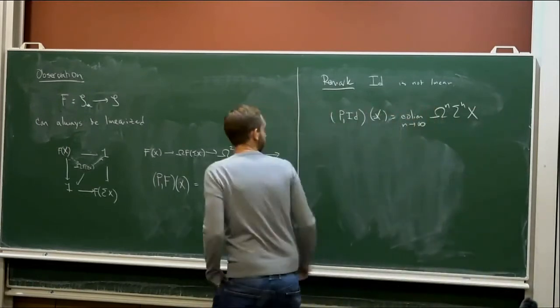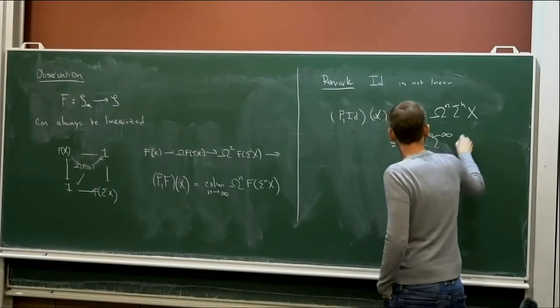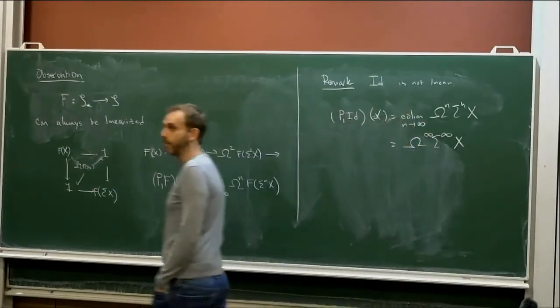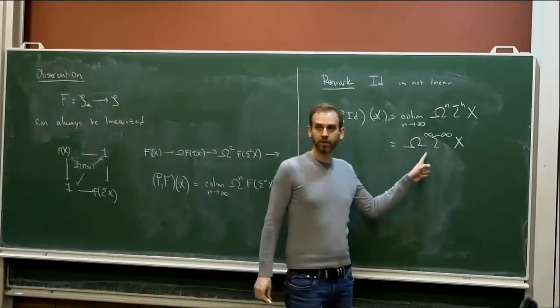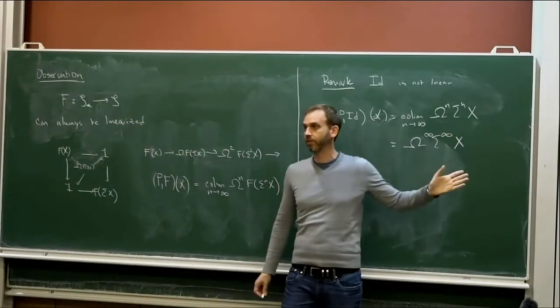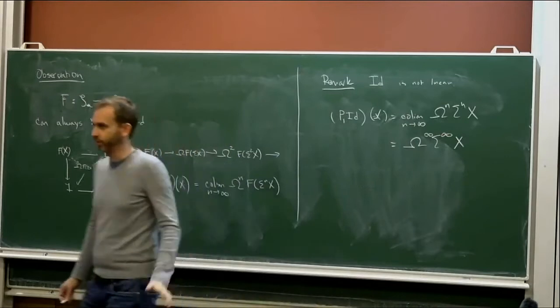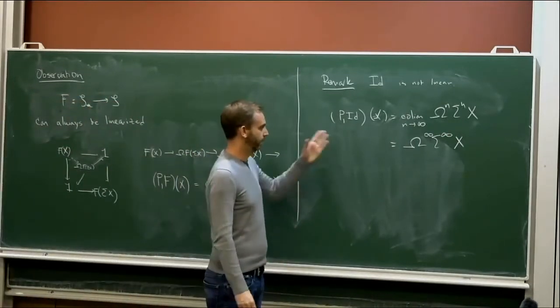This is a very famous construction in homotopy theory. It's the stable homotopy type of x. So the homotopy groups of this object are the stable homotopy groups of my original object, essentially by definition. Of course, there's a little bit more to say than that, but that's true.